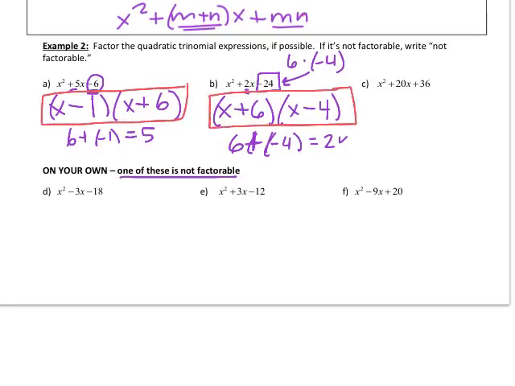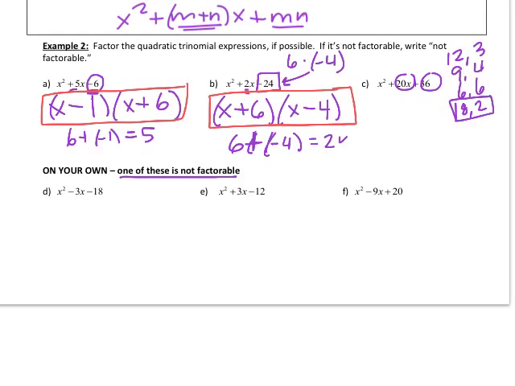All right, so for my C problem, I have a 36 that I have to multiply to, and I have a 20 that I have to add to. So I went through and I said, well, the numbers that multiply to 36 are 12 and 3, 9 and 4, 6 and 6, 18 and 2, and then I stopped because 18 plus 2 equals 20.